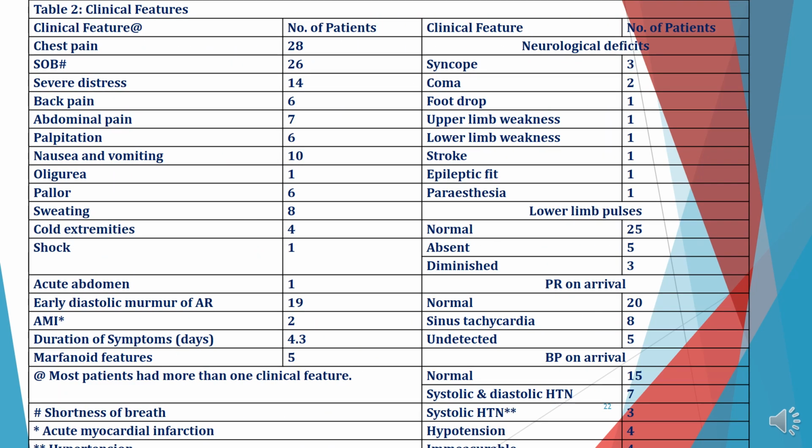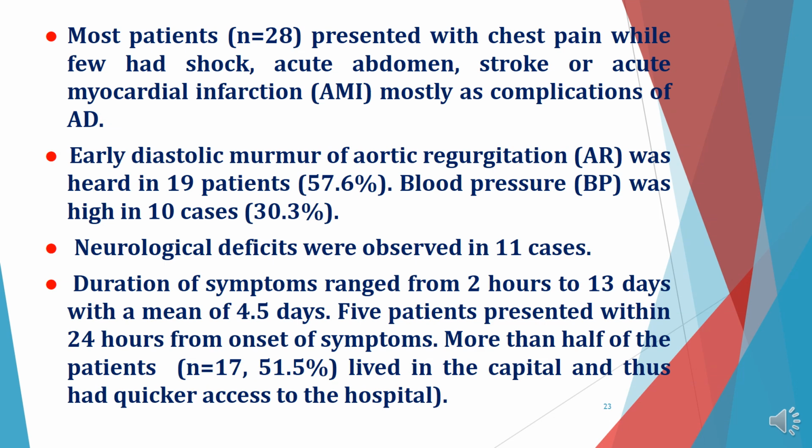Well, the clinical features are displayed in this table. Most patients had more than one clinical feature. Most patients, about 28 patients, presented with chest pain, while a few had shock, acute abdomen, stroke, or acute myocardial infarction, mostly as complications of aortic dissection.